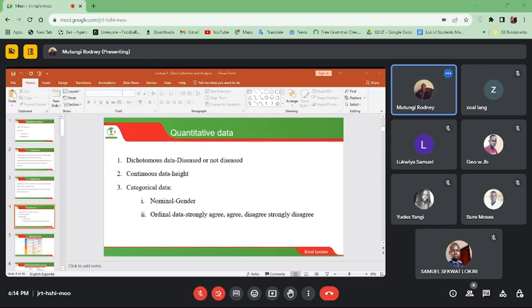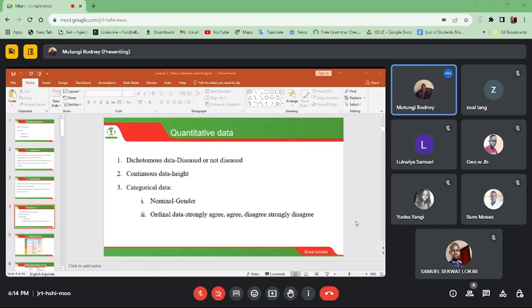Say someone answers strongly agree and you have given it a numerical attachment of 4. That means the person who answers strongly agree has more knowledge about the nutrients needed for the growth of a child or a baby, okay? Because they have strongly agreed to that question. Then as you go down, the knowledge reduces. So it brings out the quantitativeness of that data.